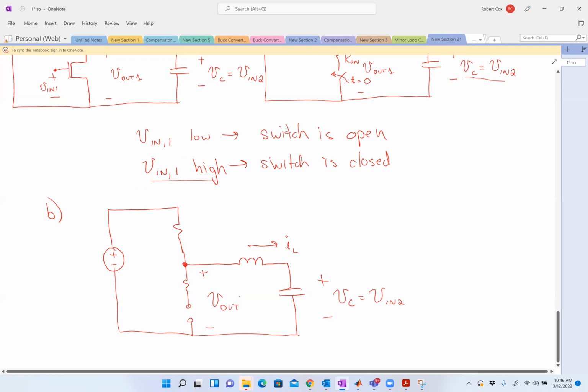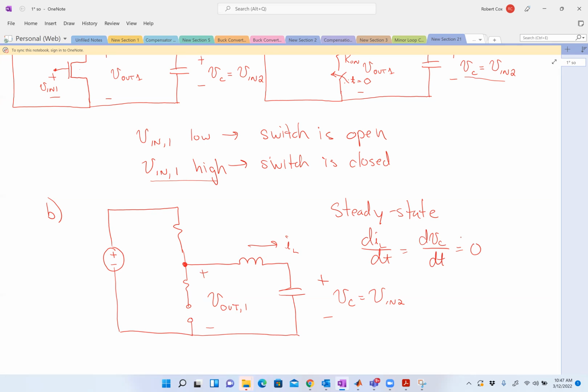When I say the switch has been open for a long time, that means we have reached steady state. My definition of steady state, when I'm talking about DC circuits like this, is that all of the derivatives, dI_L/dt and dV_C/dt, are equal to 0. If those are equal to 0, all my currents and voltages are constant.